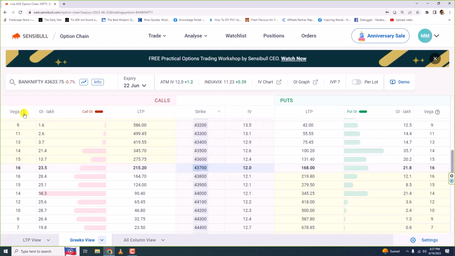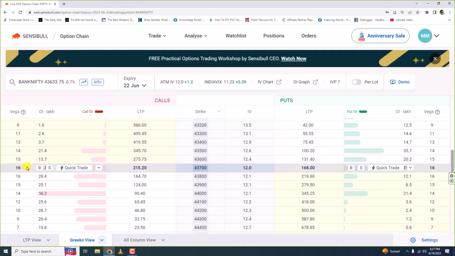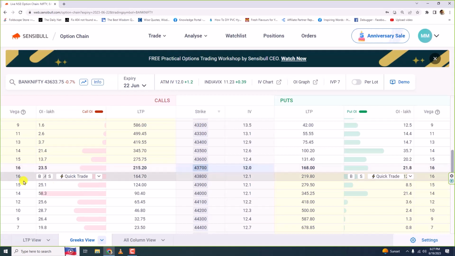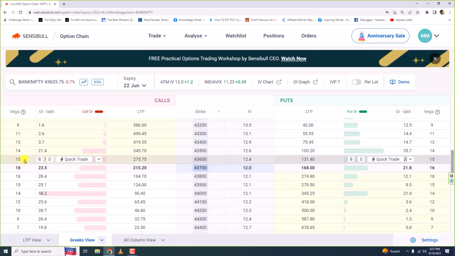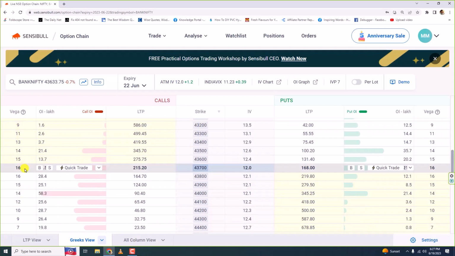You can click on the question mark here and see the explanation given by Sensibull. Now basically, this Vega will be highest for at the money. Here you can see it decreases, and here also you can see it decreases.